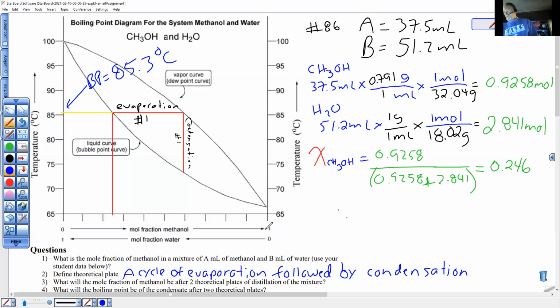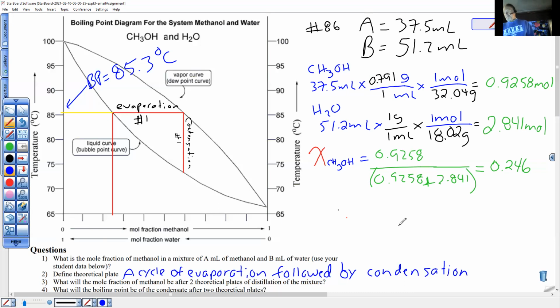Well, a solution that was 100% methanol has a boiling point of close to 67. And a pure solution of water, you already know, but 100% water means you're over here. And are you surprised that's up at 100 degrees Celsius? That is a less volatile chemical. Water with a boiling point of 100 creates less vapor than methanol with a boiling point of 67.